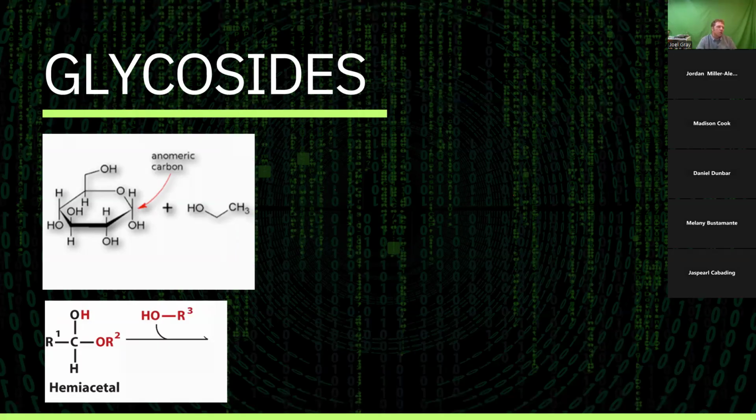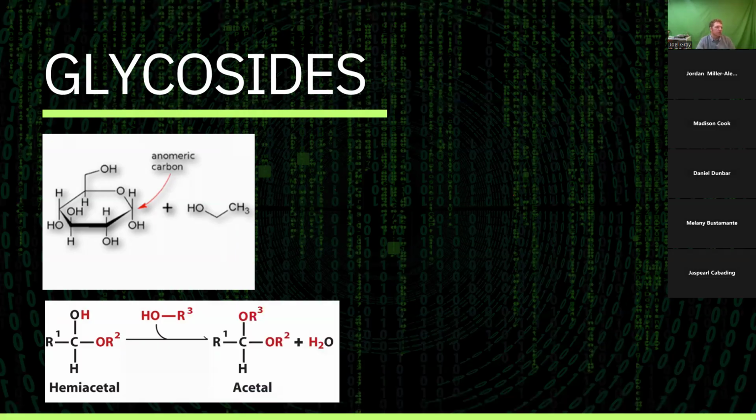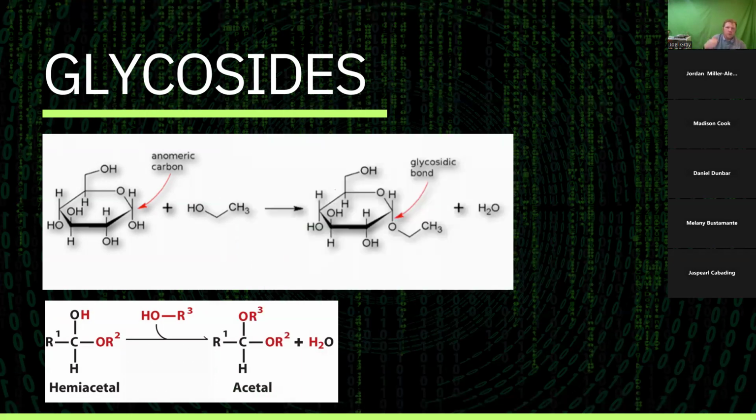And whenever that chiral carbon reacts with an alcohol, we form what's known as a glycoside. That glycoside is also known as an acetal. Now, the important thing about that is this type of bond right here. This is a glycosidic bond or a glycosidic linkage. That type of bond is particularly important when we're talking about forming polysaccharides.